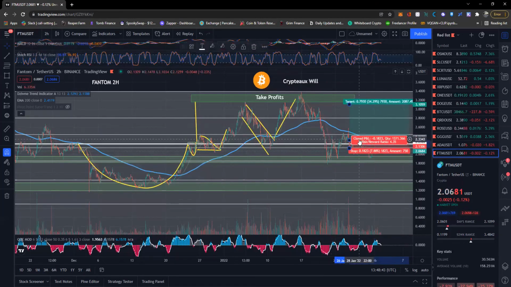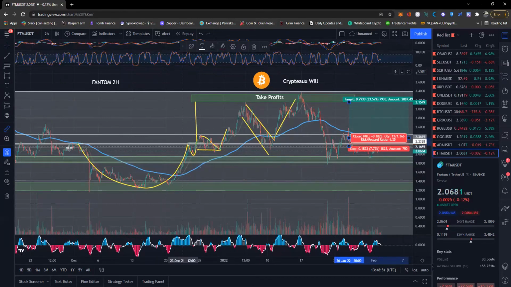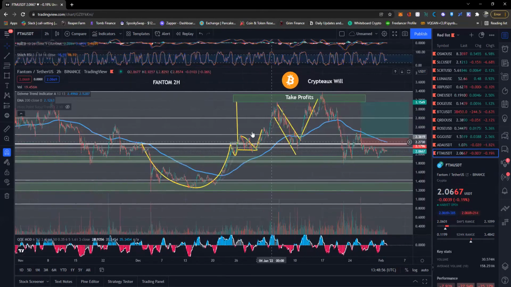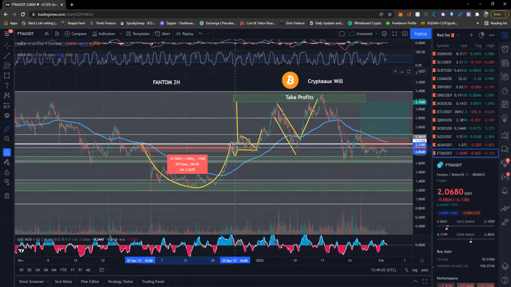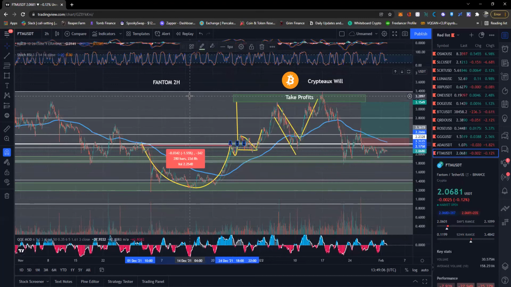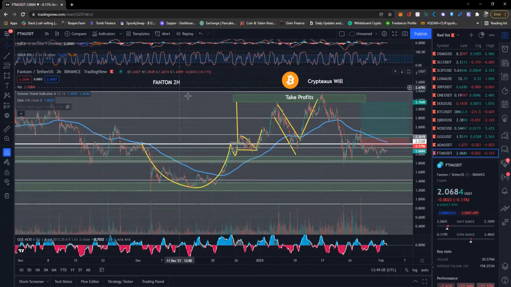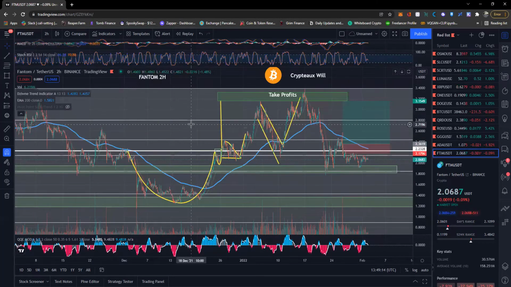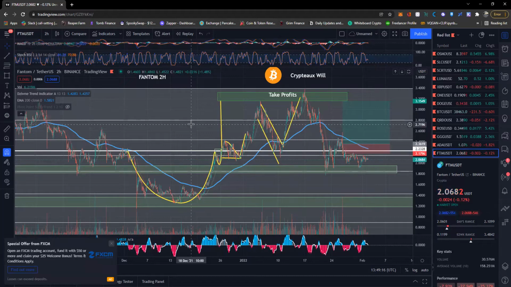If you were to hit every single trade, you would have made 4.3 over here on a trade that played out in 20 days. 20 days, and you can expect multiple of these moves from the 20 days because of the distance over here. Should be around 23 days, and that's how you play out this awesome Fantom chart with two basic indicators: the cup and handle and the falling wedge, or the descending wedge pattern, or falling pennant, whatever the name is.